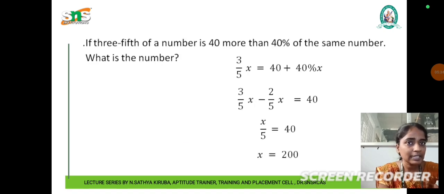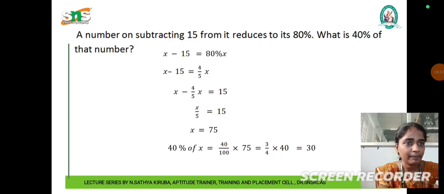Suppose the question is like this: if 3/5 of a number is 40 more than 40% of the same number, what is the number? 3/5 can be written as 3/5x, that is equal to 40 plus 40% of x. That gives 3/5x minus 2/5x is equal to 40. Now when we simplify it, we will get the answer as 200.